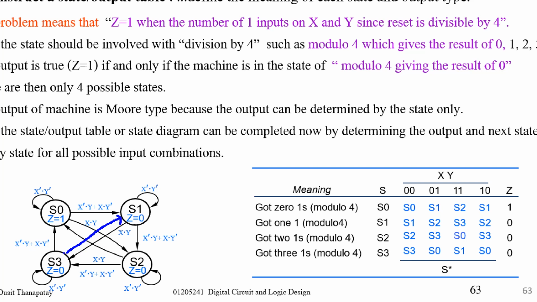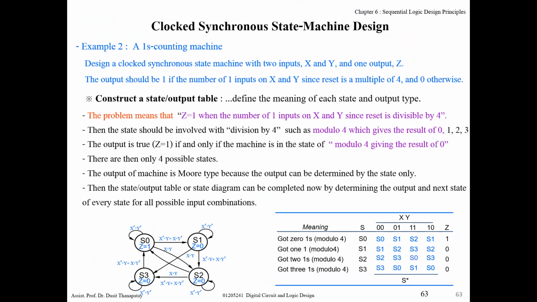When you write it in a transition expression, you can write it as x and y, for the condition that x, y is 1,1.